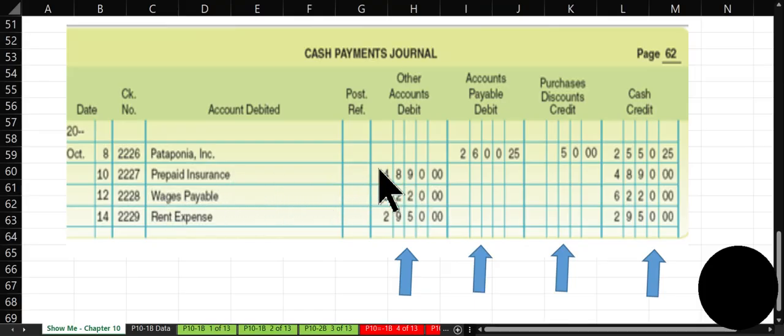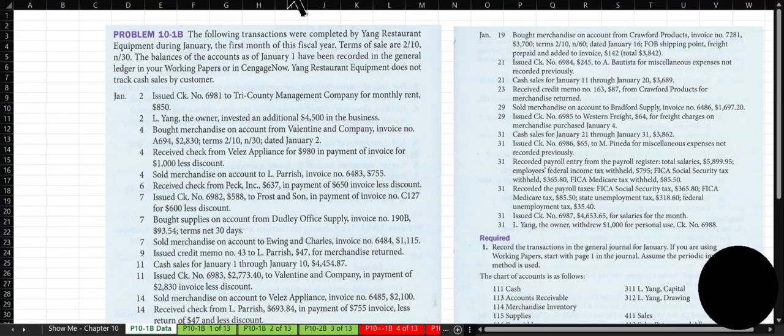So they don't want to create a column for every single item, but they will then have to debit, as the case might be, to each of these accounts, and of course the credit will go to the cash payments column. At the end of the period, the total from here will be credited to cash. If we have purchase discounts, that will be credited, and then each of these columns we will debit as indicated.